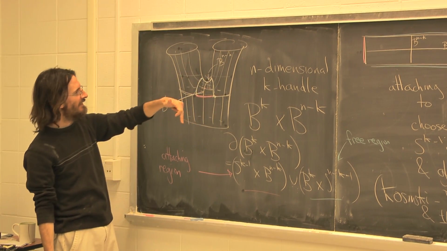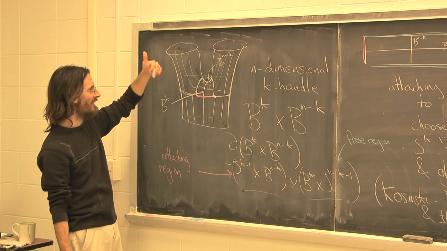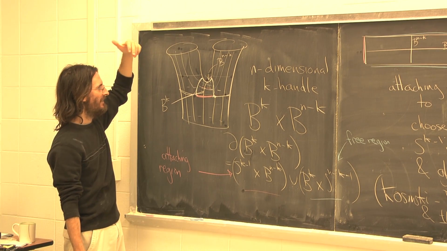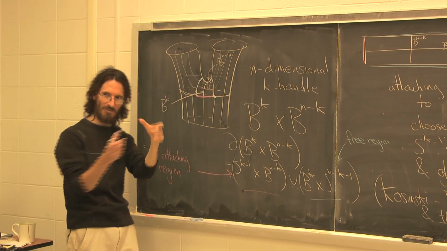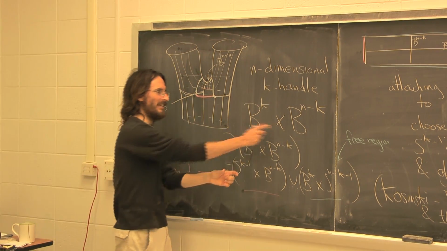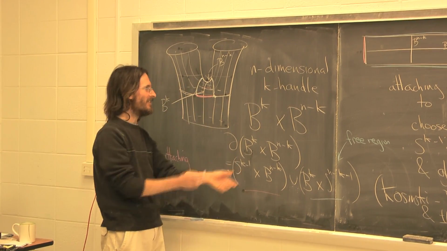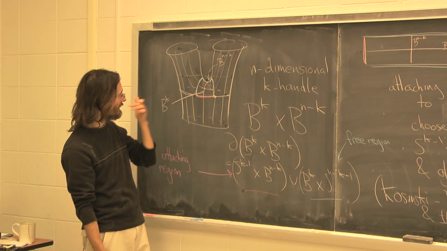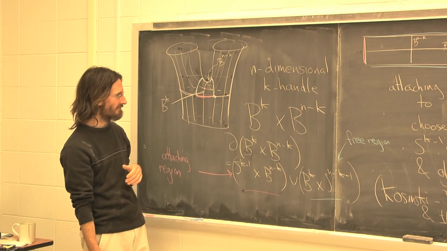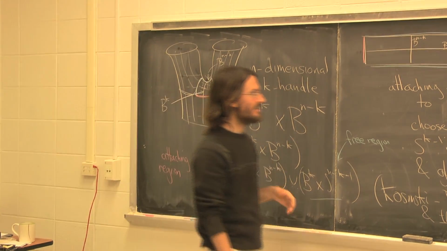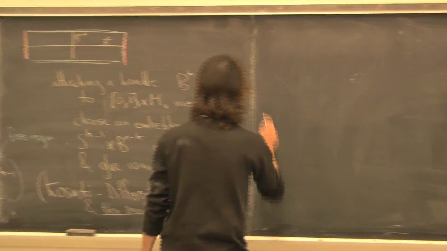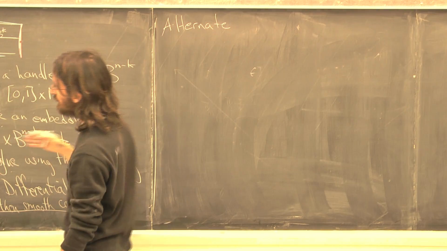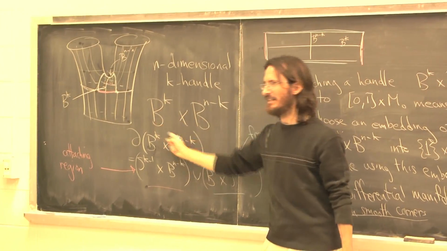And so then you want to argue that anytime you have a critical point of index k, you can zoom in on the local model and find inside there B^k cross B^{n-k} attached to f inverse of f of p minus epsilon. Now, the other thing I was trying to argue was that you could instead describe, so alternate, and then the key point is that this is a completely standard object.